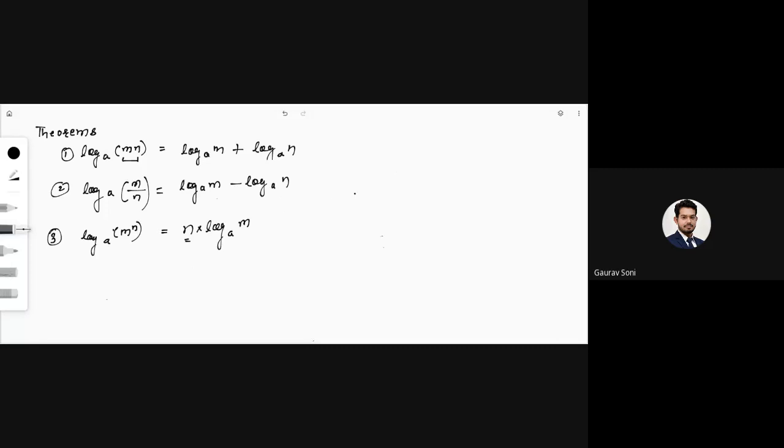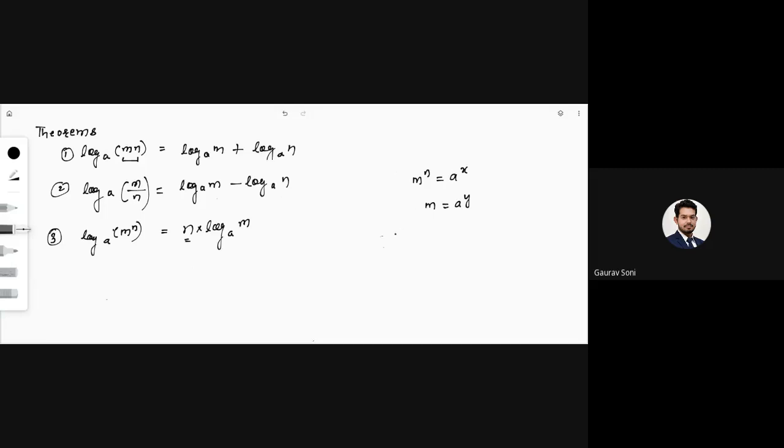Okay. So if I want to prove this, I'll take m raised to n is equal to a raised to x, right? And on the right hand side, what we have is log of a raised to m. So what we are going to have here is m is equal to a raised to y.